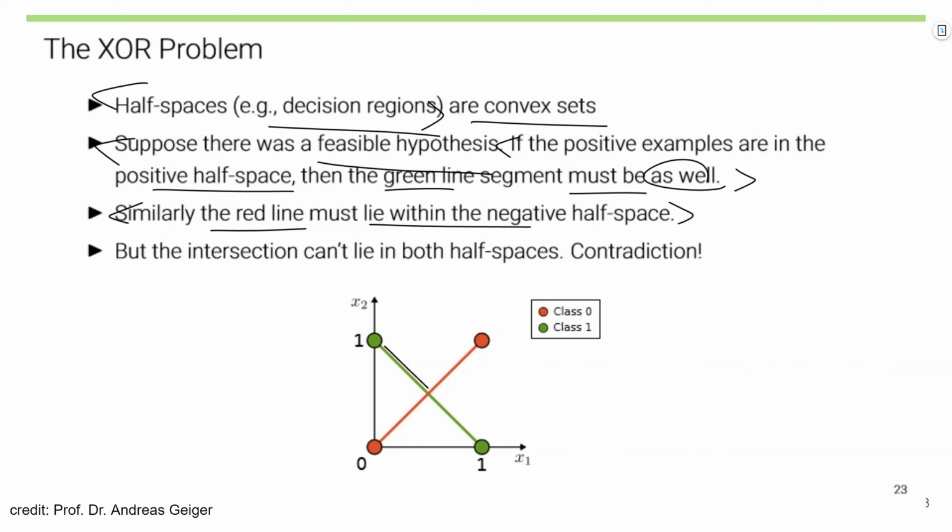As you can see here, these two lines intersect with each other. And because half spaces are convex sets, they should not intersect. Therefore, we reached a contradiction, meaning that we cannot solve this problem with linear classifiers.